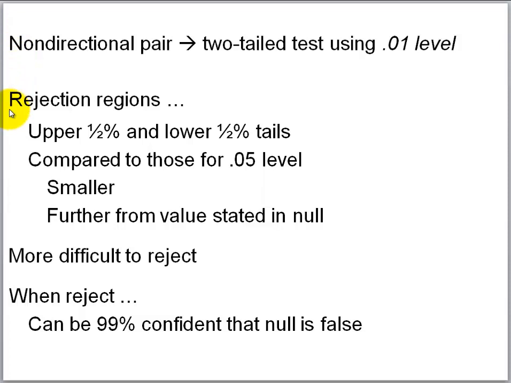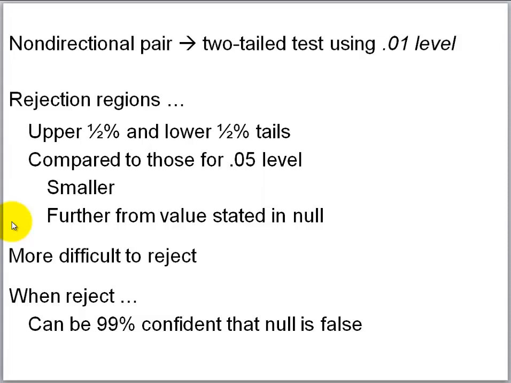As presented in the last video, at the 0.01 level for a two-tailed test, the rejection regions are the upper and lower 0.5% tails. So compared to the rejection regions for the 0.05 level, these tails are smaller and further from the value, in other words, they begin further from the value stated in the null.